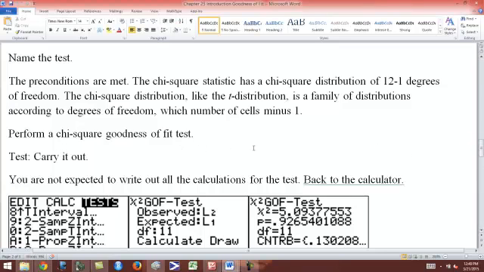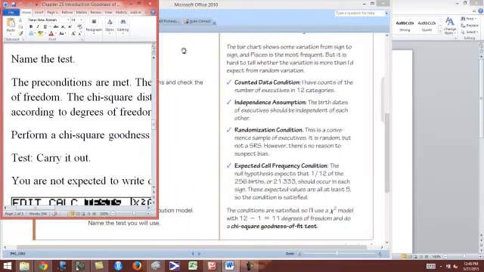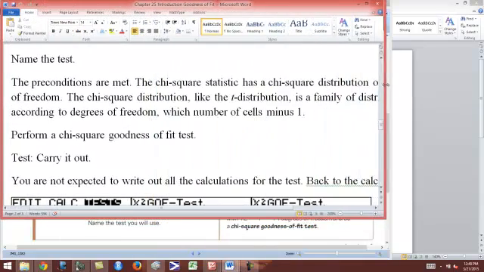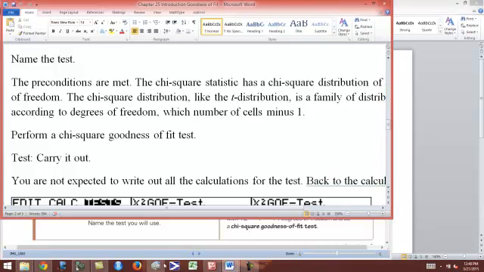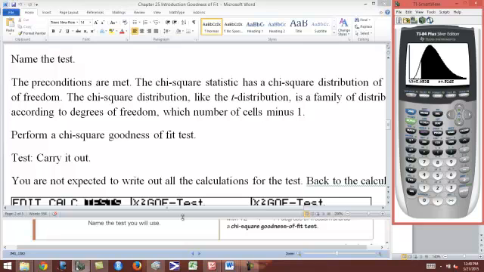You are not expected to write out all the calculations for the test, so we're going to go back to the calculator. Let me make this smaller. Okay, bring this over here and let's get the calculator in play.